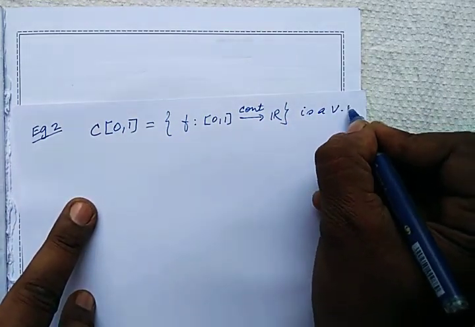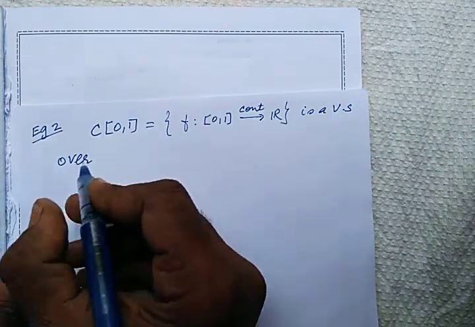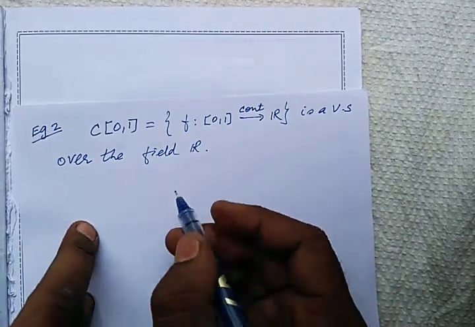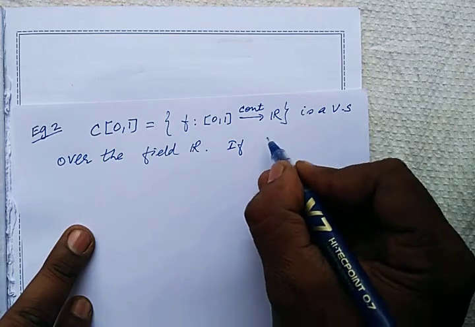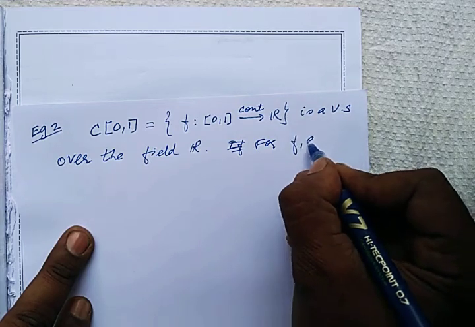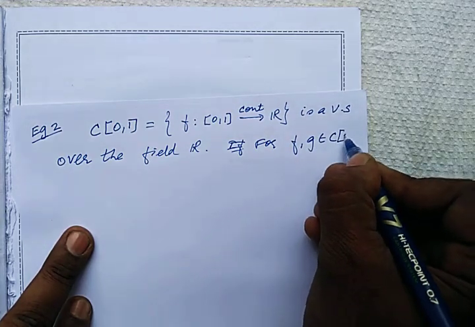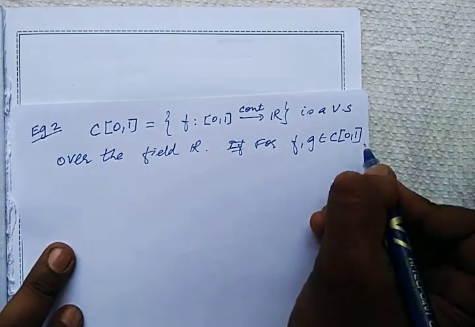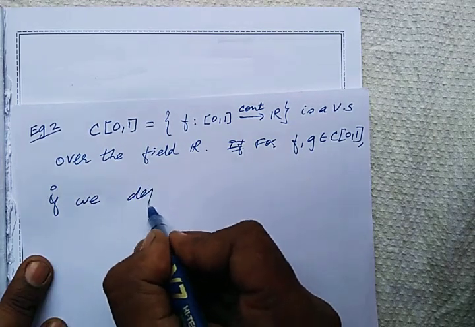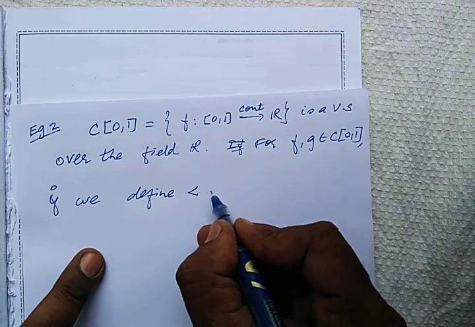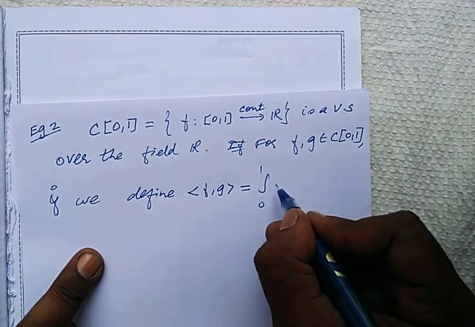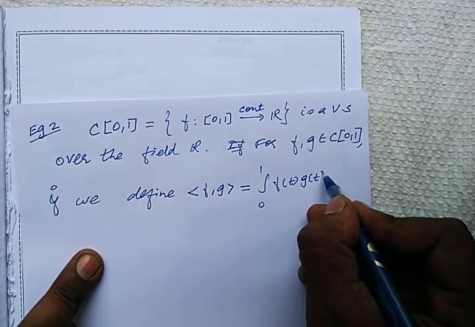It is a vector space over the field R. For f, g in C of the closed interval [0, 1], if we define the inner product of f comma g as the integral from 0 to 1 of f of t times g of t dt.